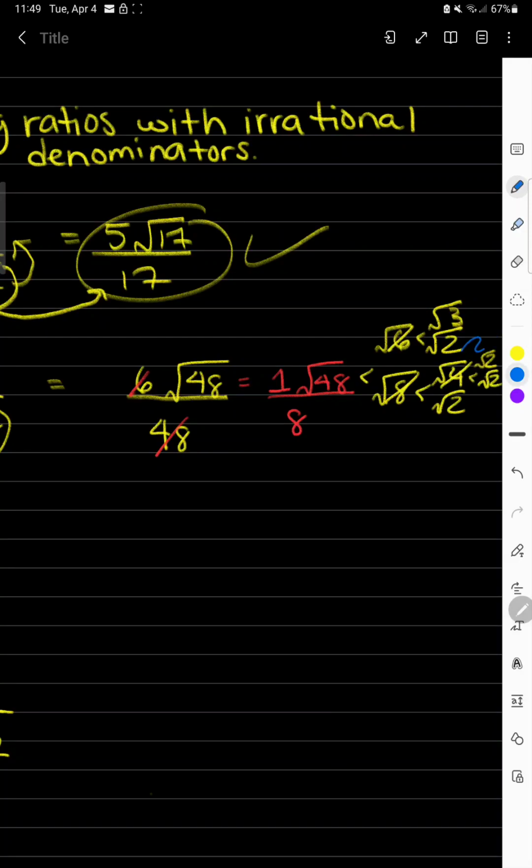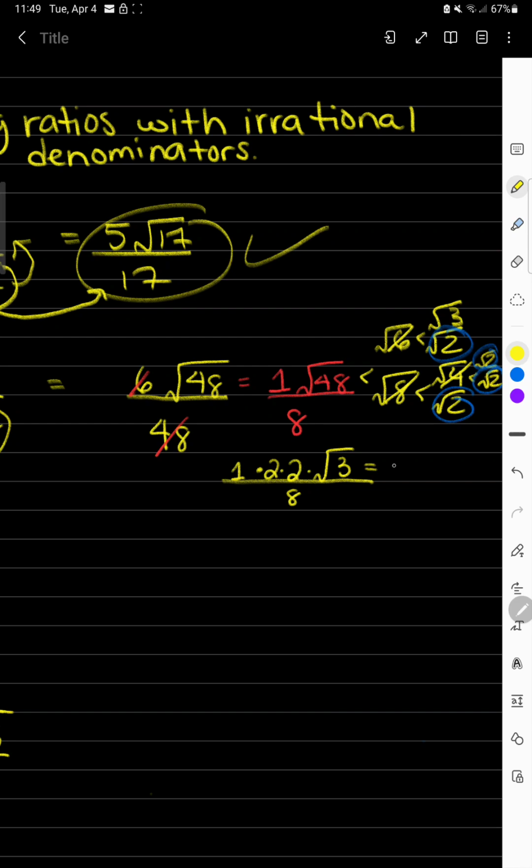So we had 1, 2, 1, 2. So 2 groups of 2s and 3 on the inside. So we had 1 square root. We're going to have times 4 on the outside now because those 2 2s come out as 2 times 2. Square root of 3 all over 8.